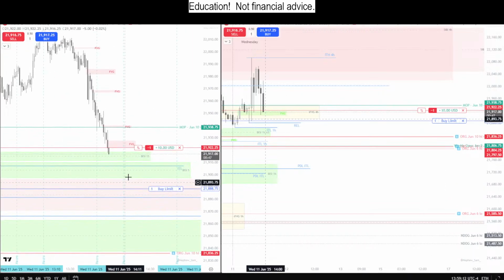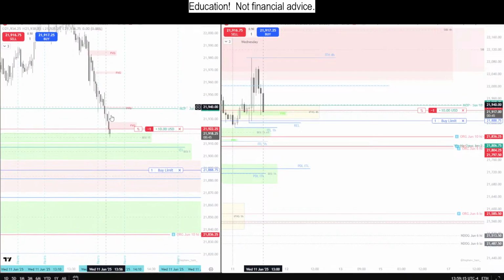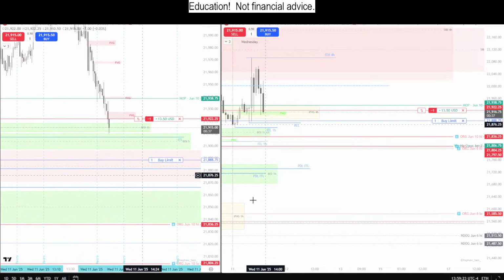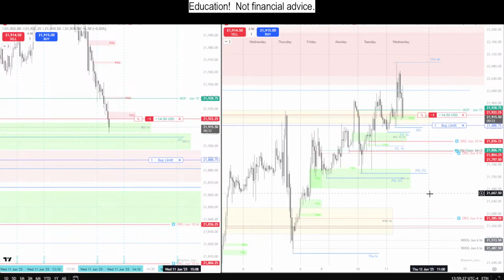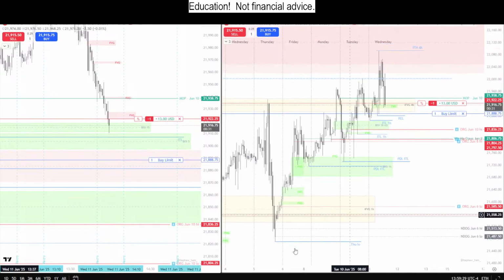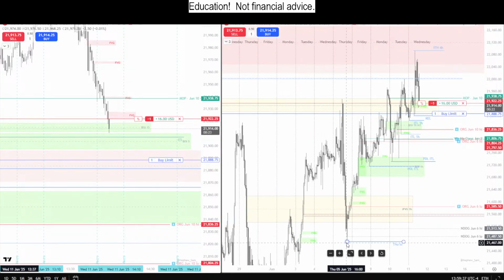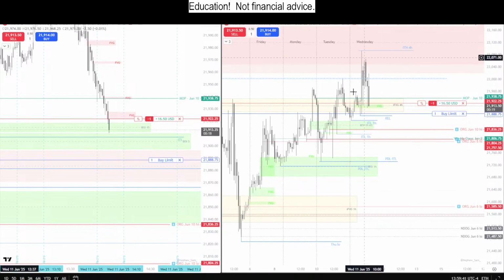We're still in the 150 macro, right? 2 p.m. is in a minute. What I was going to get at is, if we look at this dealing range, which is a parent dealing range that we'd see on a higher time frame, from this wick down to that wick up there, we're definitely in premium.